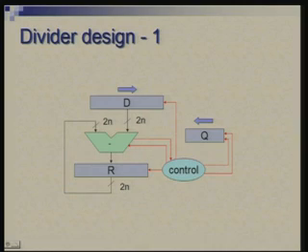Once we have done this, we can draw a circuit which carries out these operations. You would notice that the structure is quite similar to that of a multiplier, except that the shifts are in different directions. Addition has been replaced by subtraction. So here is a subtractor which will subtract d from r. r is one input, d is another input, result goes back to r.